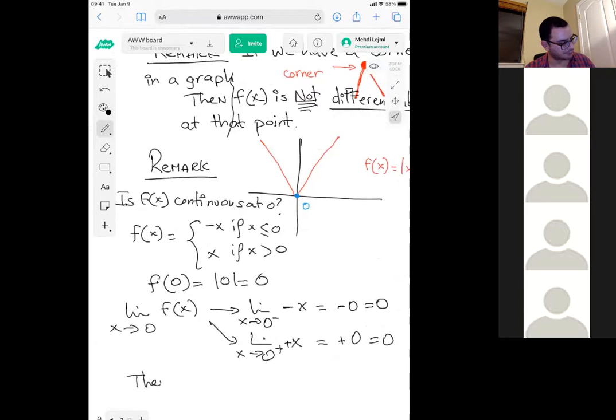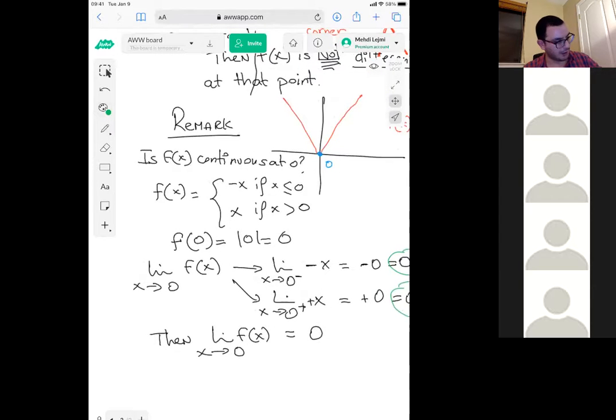So then the limit of f of x as x goes to 0 is actually equal to 0, because the limit from the left is the same as the limit from the right. So the limit from both sides is equal to 0. So it exists, and the conclusion is it's actually equal to f of 0.